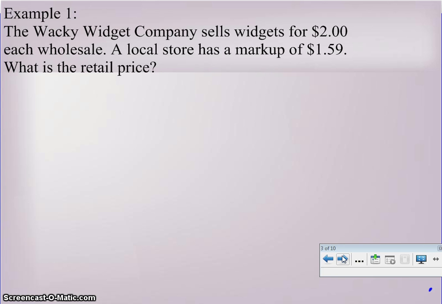So looking at the first example, the Wacky Widget Company sells widgets for $2 each wholesale. A local store has a markup of $1.59. What is the retail price? So the retail price is going to be your wholesale price, which we'll put as WP here, plus your markup, which we will put as MU.